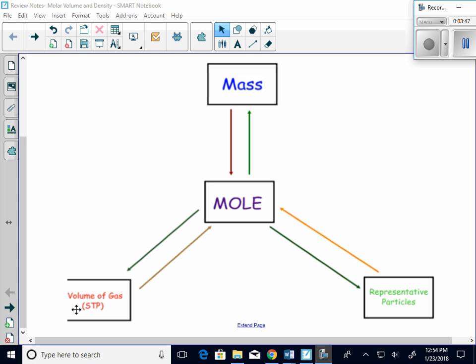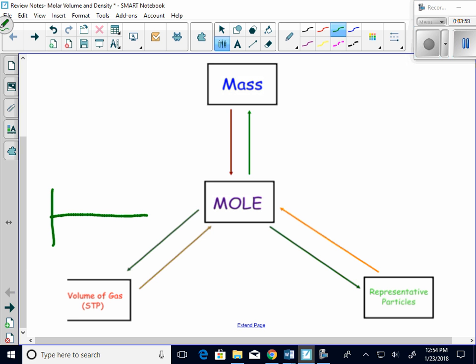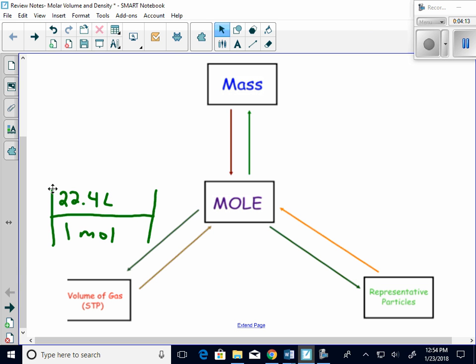Now, we've completed the bottom end of our flux capacitor here. So if I'm following mole, this little green arrow down here, I set up my conversion box on my green arrow. If I'm going from moles to volume of the gas, I want the 1 mole on the bottom and the 22.4 liters on the top.